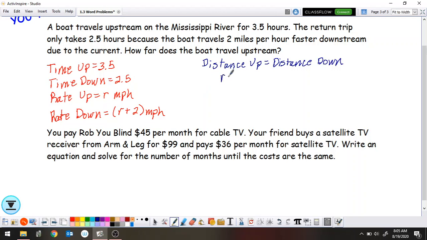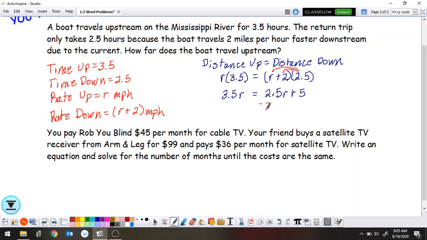So R times 3.5 up is going to equal R plus 2 times 2.5 down. And then we can distribute, and we will have 3.5R equals 2.5R plus 5.